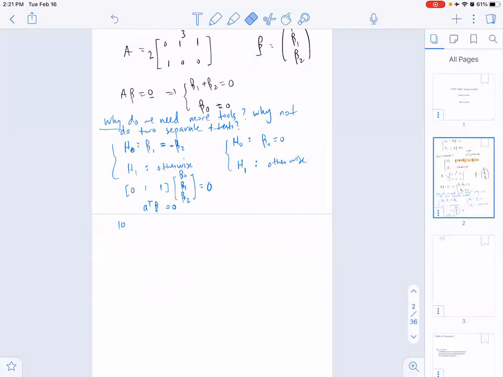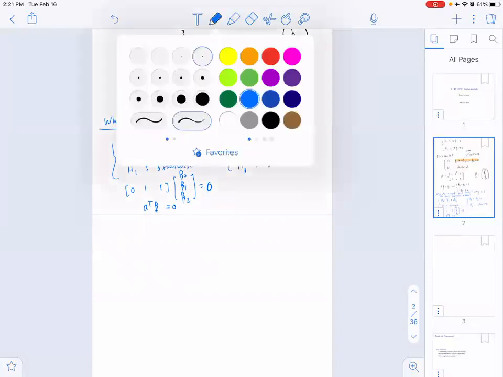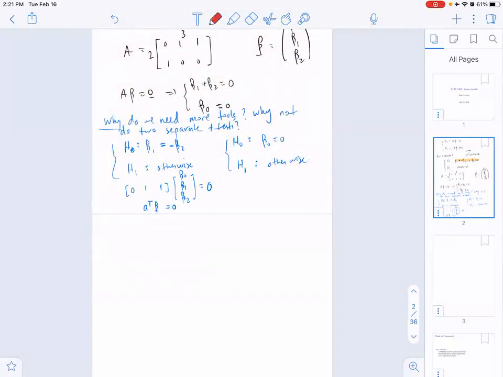So one way to deal with this is to think of the simple way of doing it: I have a test, delta 1. Let's say it takes the data, and you have a statistic, say T1 is bigger than tau 1.